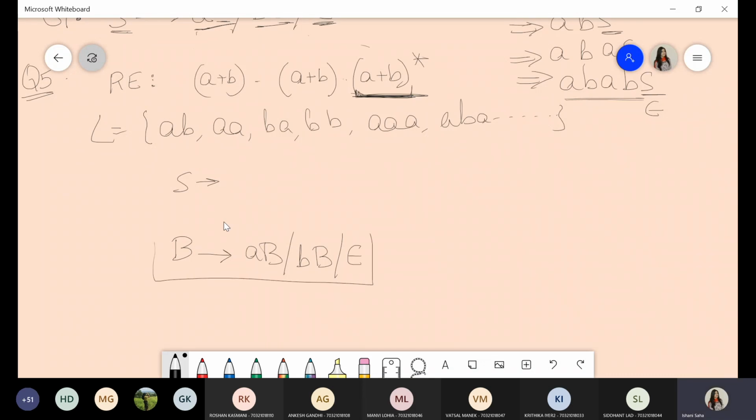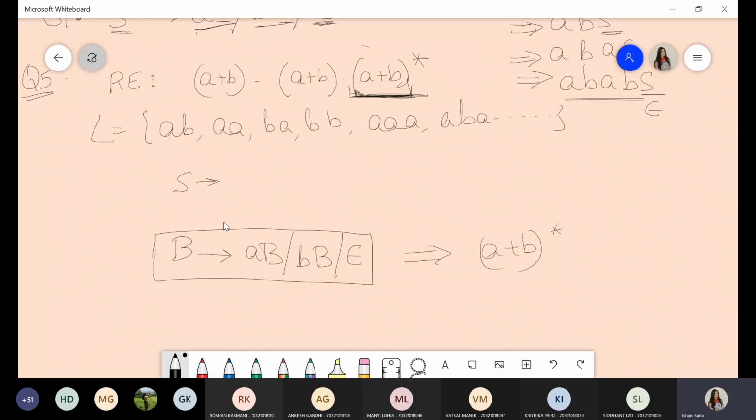This capital B is representing this A plus B star. You all agree with this? Yes. Just I'm not writing the start symbol because this is not the only production. This is not the only language that I have.